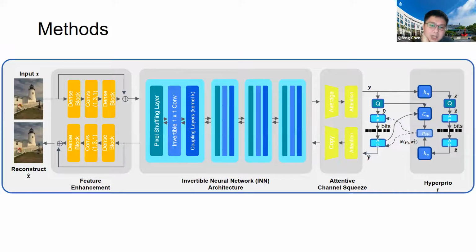So that's what we do: some feature enhancement in the beginning, then do the average, and then have this hyperprior that's from other work. Then during the backward pass, when we try to reconstruct the image, since we only have a single channel, we just copy the single channel 64 times and then put it back. There is another decoder to reconstruct the original image.